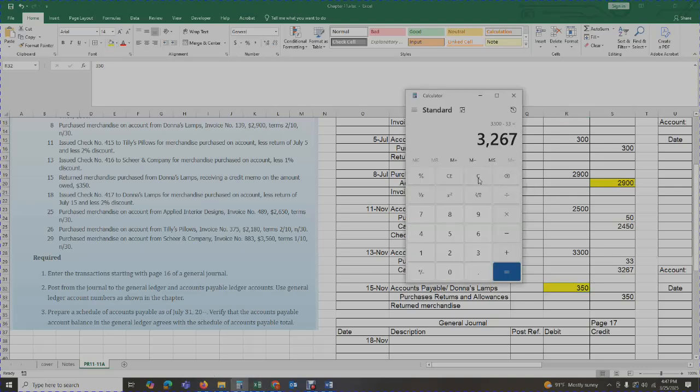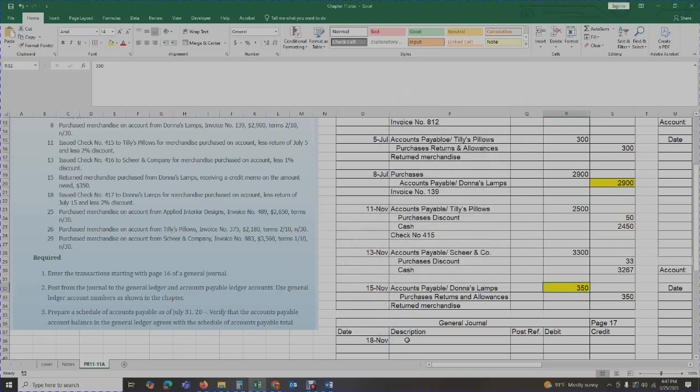So we made a purchase of $2,900. We made a return of $350. So as of today, I owe Donna's Lamps $2,550. So I have a credit and a debit. I need to clear the remaining credit on that account by debiting the account $2,550.